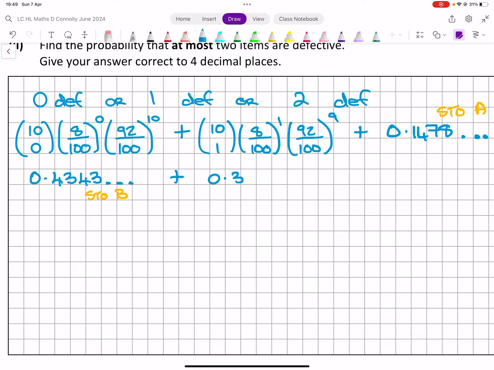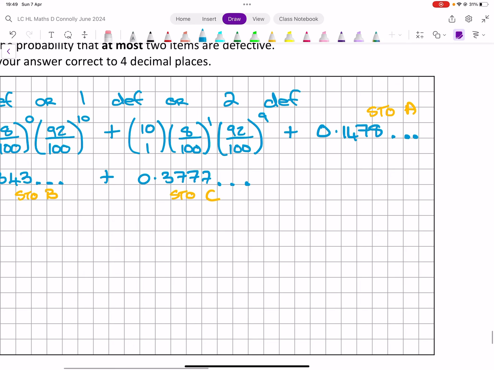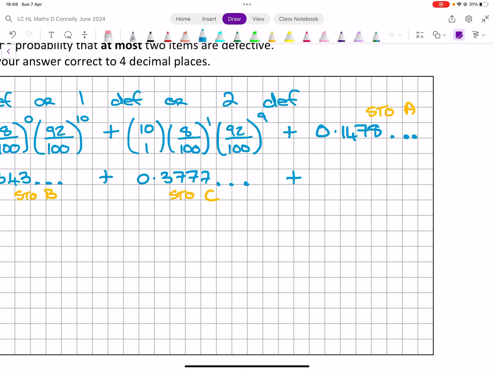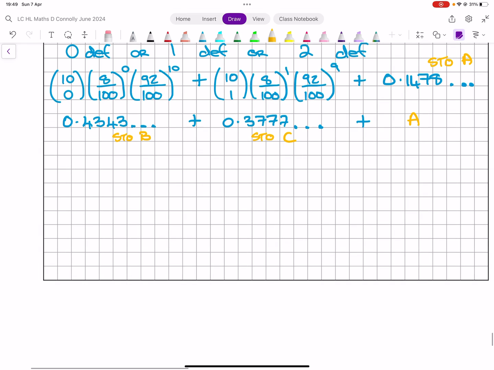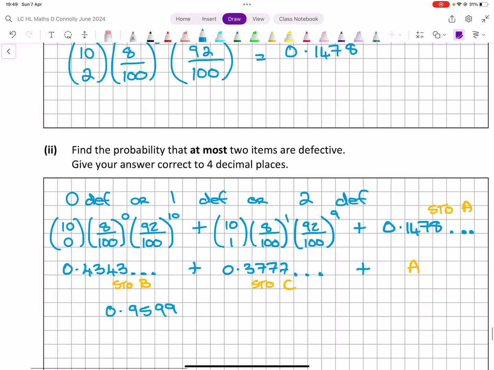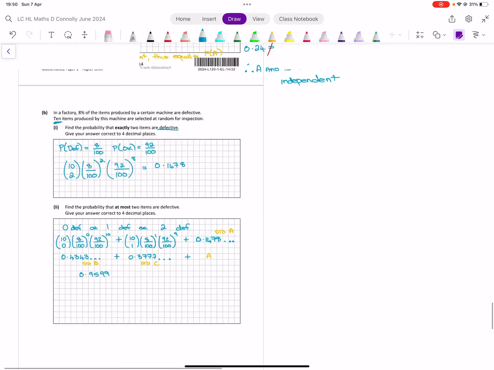So it's 0.3777, and again there's more. So I'm going to store this in C. And then this is plus A. Okay, so then we do alpha B plus alpha C plus alpha A. And to 4 decimal places, I am getting 0.9599 for that one. Oh, and that is it.